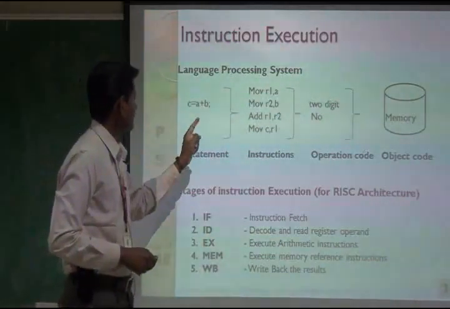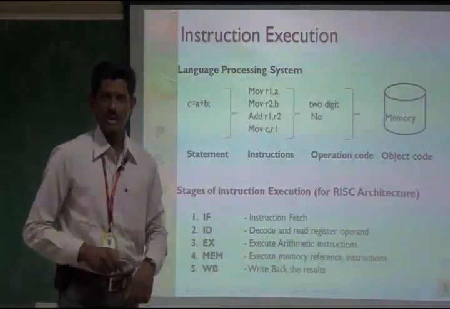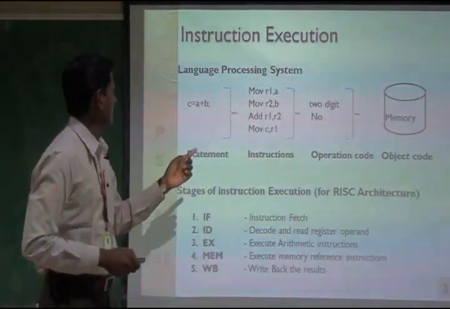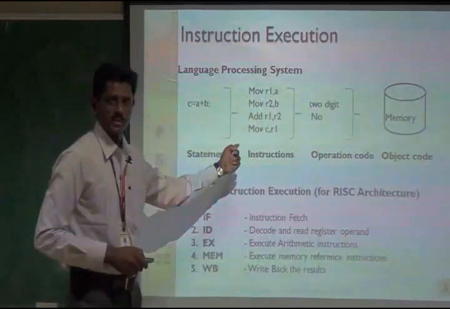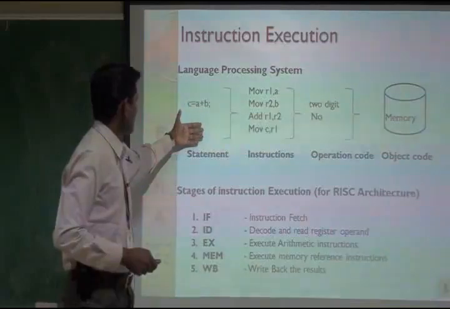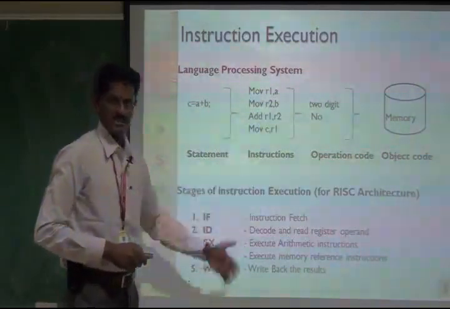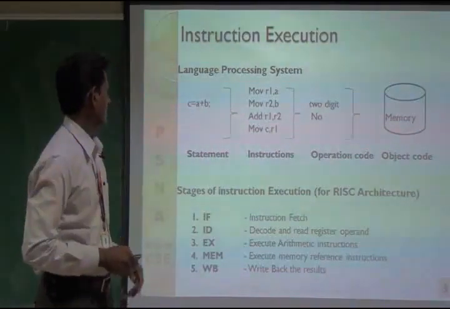Then the processor does the addition operation between the two registers R1 and R2. Finally, the result is stored back to the variable C. So this high level language statement is converted to mnemonic instructions by the compiler.